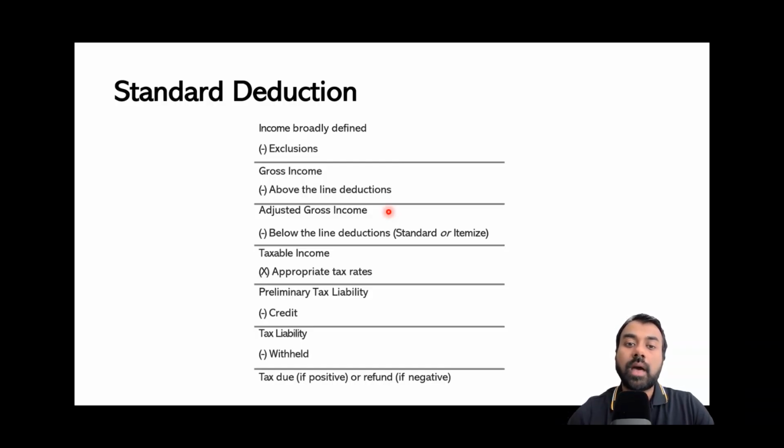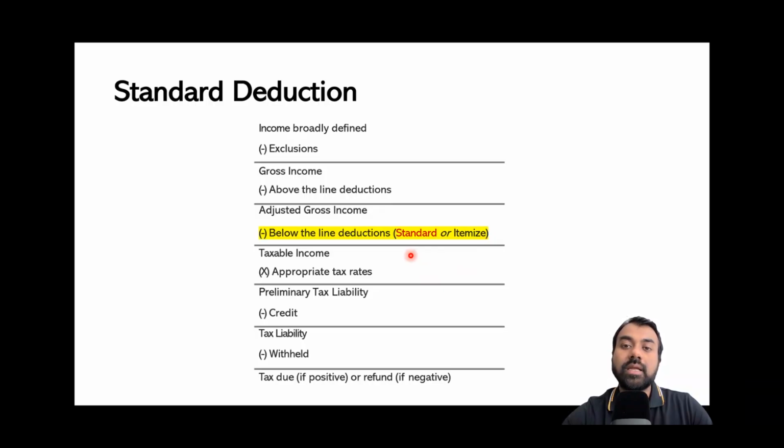Now, from our AGI, we can further subtract certain other expenses, which are called below the line deductions. And this is where our standard deduction becomes relevant. We have two options. We can either take the standard deduction, or we can itemize certain expenses, add them up, and compare their total amount against our standard deduction.